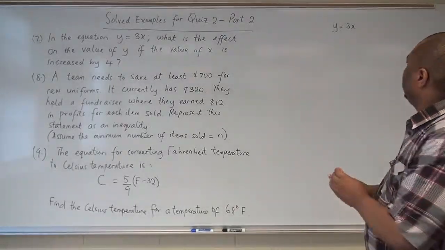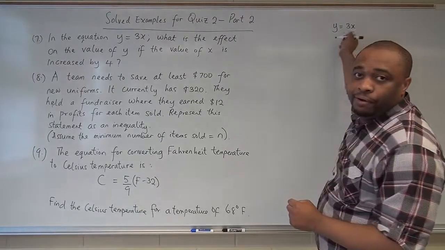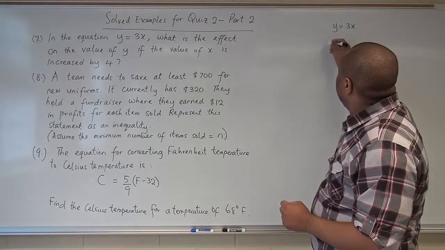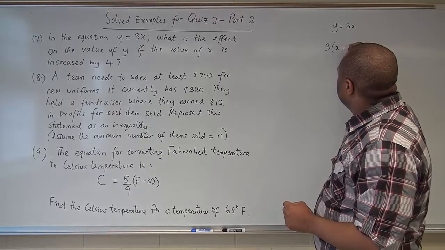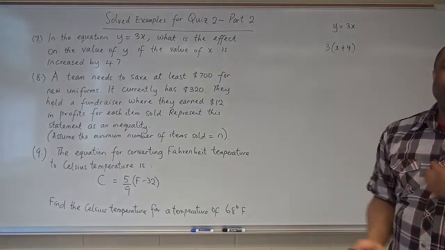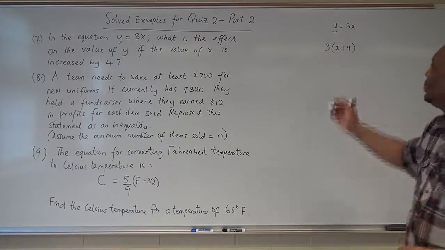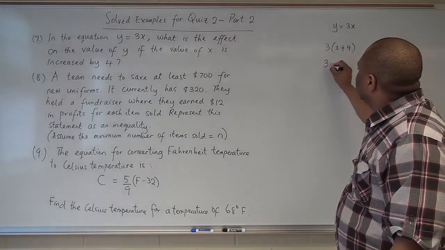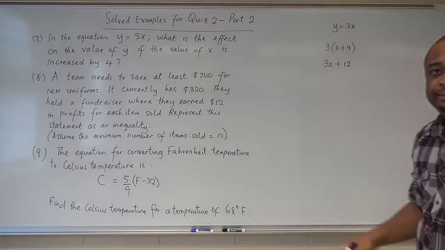If x is increased by 4, we want to find our new y. So this is 3 parentheses x plus 4. So this will now be what? 3x plus 12, by the distributive property.